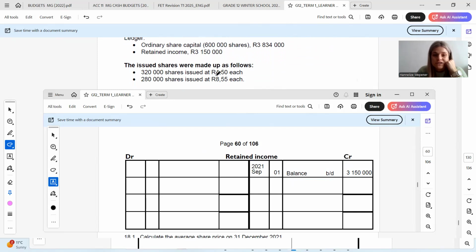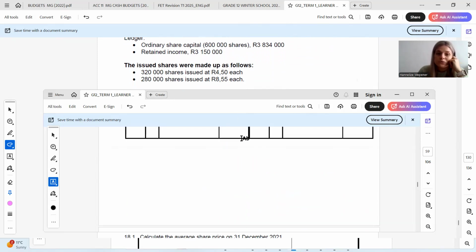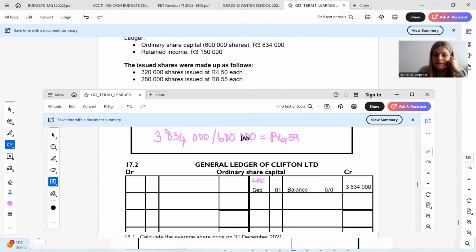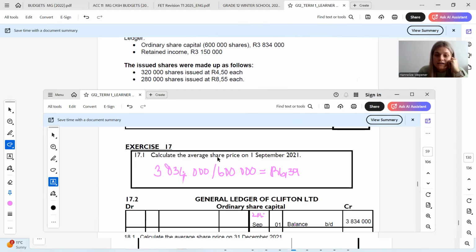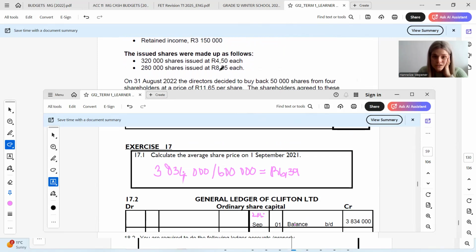And then people started believing in our company a lot, so the share price increased to R8.55. But we are not going to use that because we only need our opening balance, the total that we calculated here. We had to calculate our average share price that was included in our opening balance, and that we did do. So we are not going to use the R4.50 and the R8.55. We don't need that information.